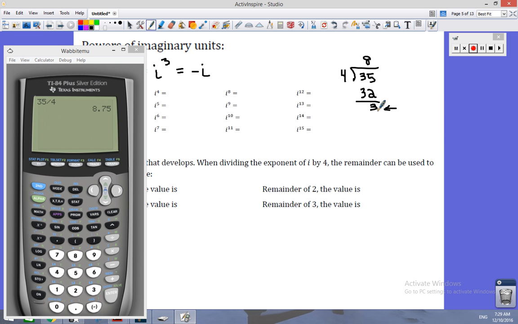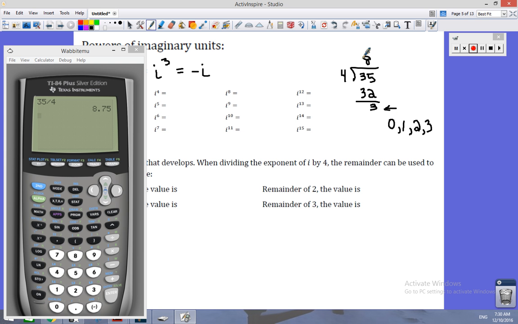the possibilities of a remainder when you're dividing by 4: if you have a 0 remainder, then that means the value may have been like 36 or 32, where it's divisible by 4. If you have a remainder of 1 or 2 or 3, those are the other possibilities. You're never going to have a remainder of 4 or larger, because that just means you've made a mistake, that you didn't pick a quotient large enough to go into that dividend.